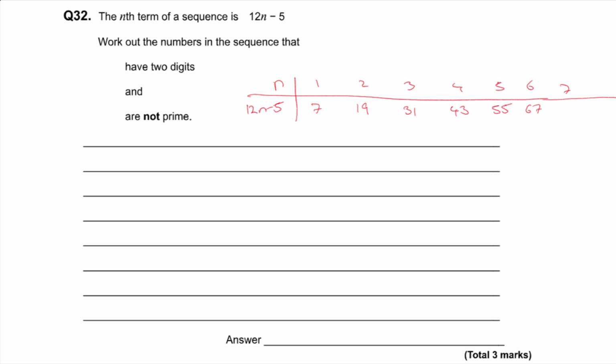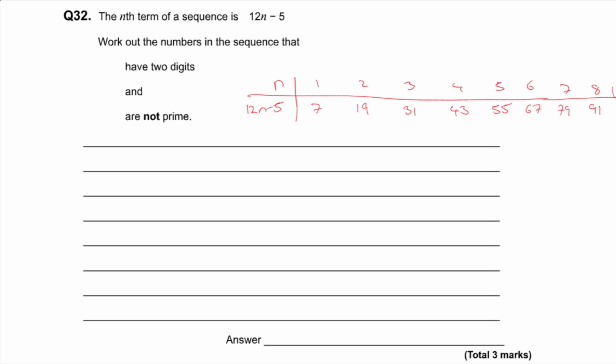So what's the 7th one? 7 12s are 84, take away 5 is 79. The next one is just 12 more each time, so the 8th term is going to be 91. After that, it's going to be a 3-digit number, so I don't have to worry about anything beyond there.